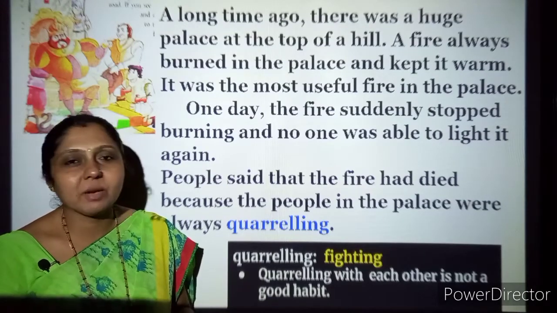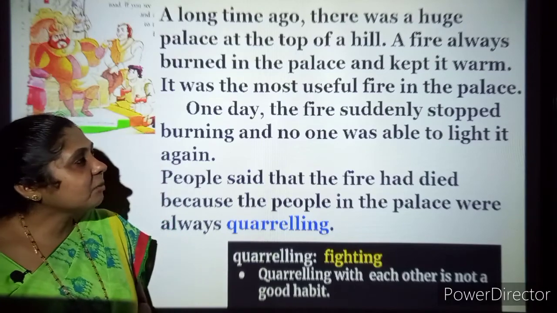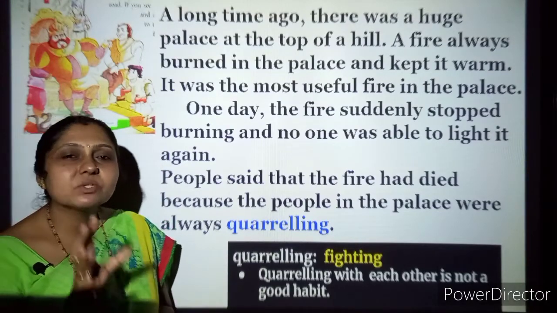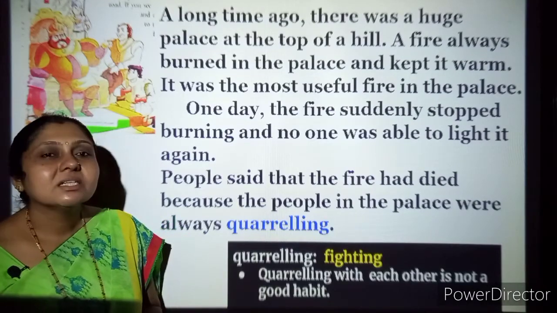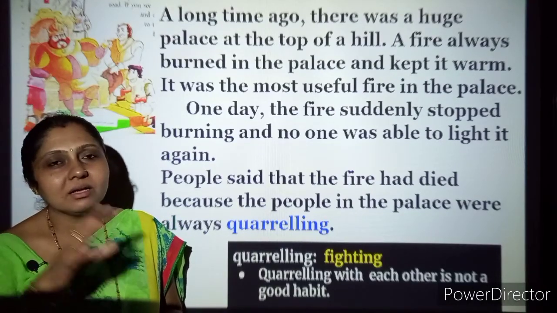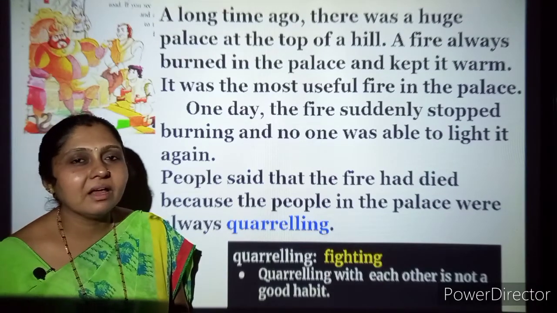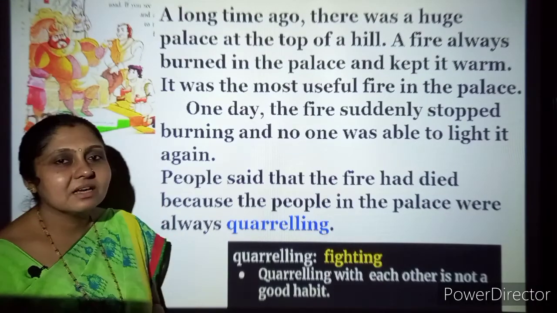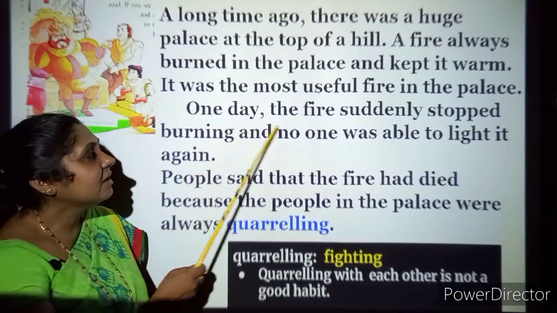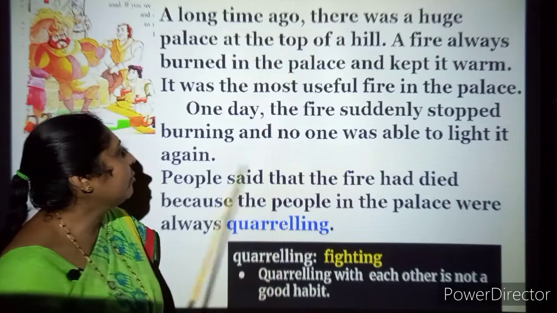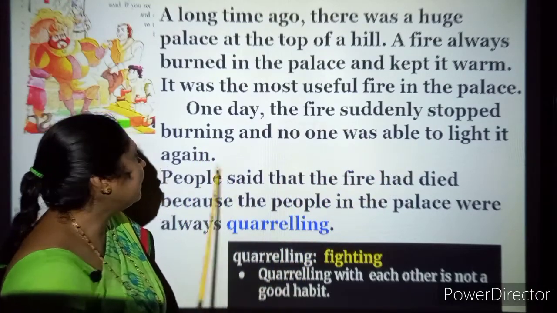So there was a fireplace, and that fire was very useful for the people of the palace, the king, the queen, and whoever were there found it a very useful place. One day the fire suddenly stopped burning, and no one was able to light it again.